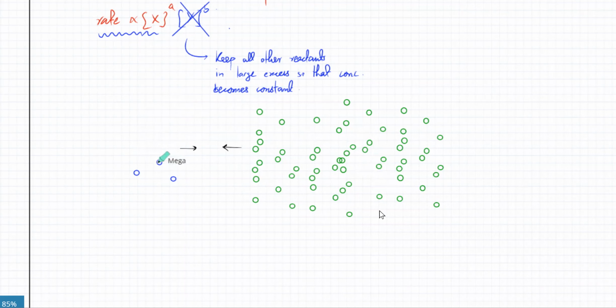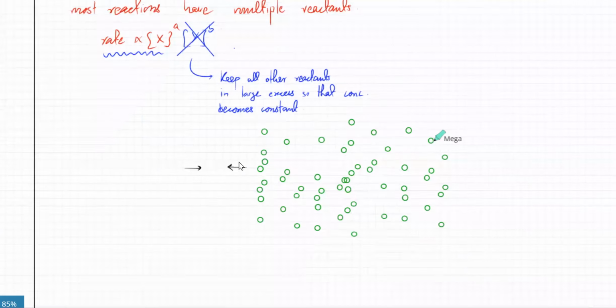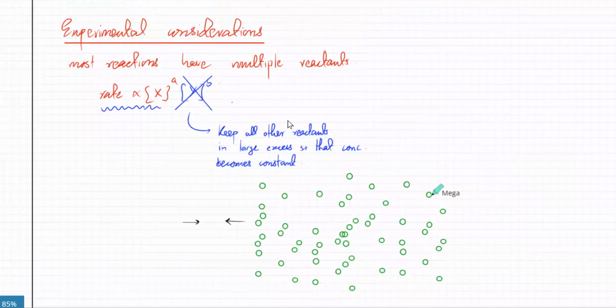If 100% of X reacts and a few more molecules of Y react similarly, the concentration of Y still remains almost unaffected. So this is how you keep the other reactants constant. You don't want their concentration to affect the rate of reaction.